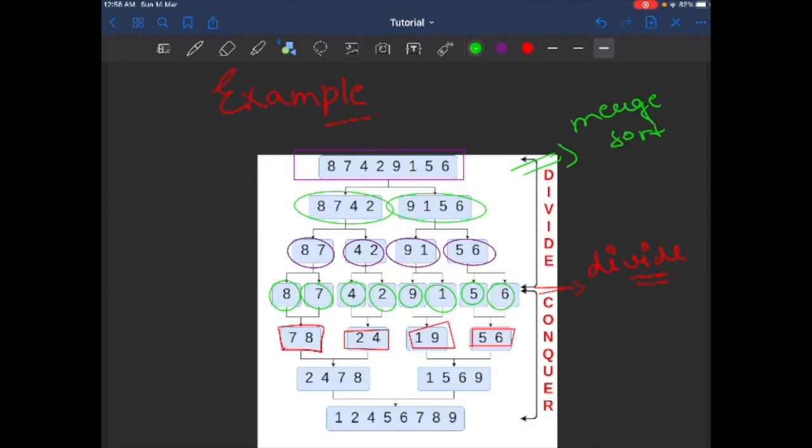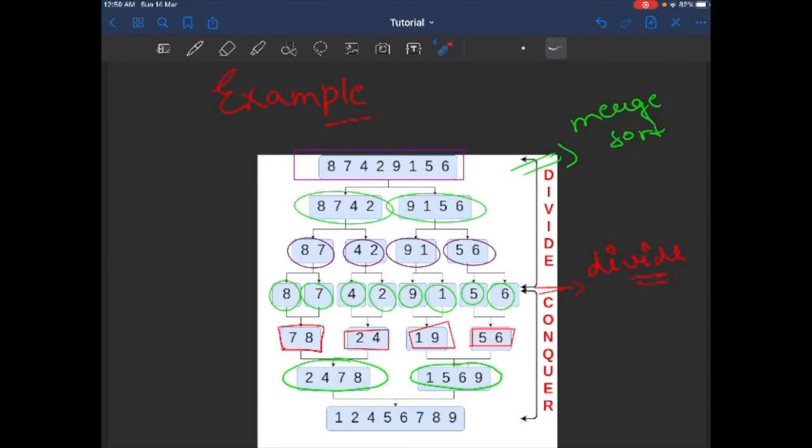Now we'll merge these two together and these two together. And what we get here is 2, 4, 7, 8 and 1, 5, 6, 9. Note that these two are in a sorted manner.